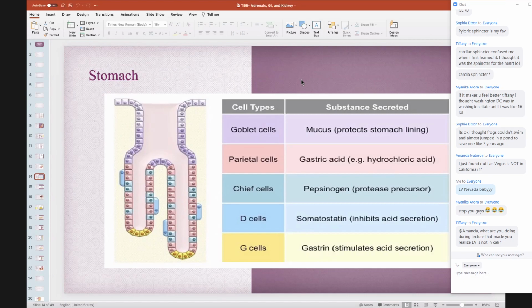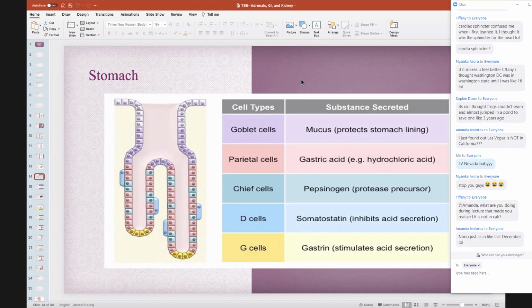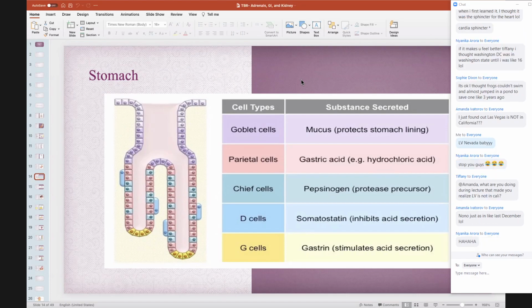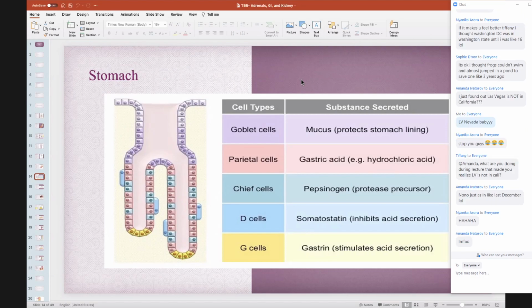Anywhere you find mucus, you'll have goblet cells. But in the stomach, beneath the goblet cells are parietal cells. Parietal cells are the acid-producing cells. They produce hydrochloric acid, so stomach acid is hydrochloric acid. We'll see how that is made in the next slide.